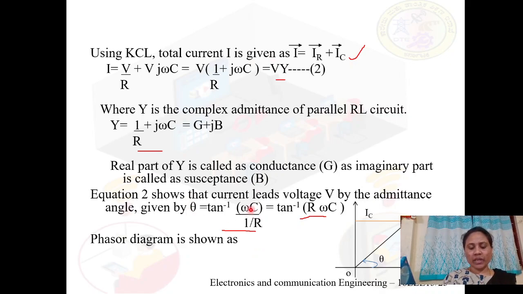So here we can write the vector diagram of such a leading current in this way. Again, just have a look into this expression for I. V is a common parameter, so we have to take V along the x-axis, and IR is in phase with V. Therefore, IR we will write along the same line as V, and since IC leads V, we will write IC upward with an angle of plus 90 degrees, and I is the resultant of IC and IR.